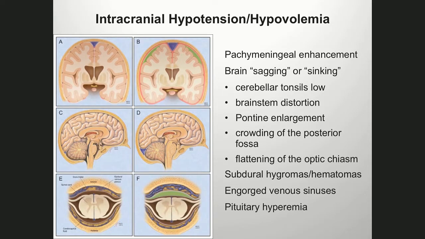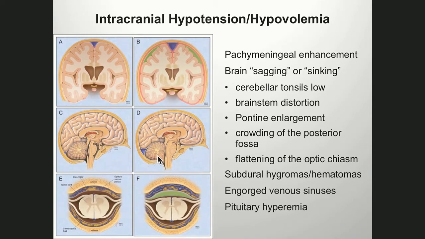So let's go to some of the findings and how they bear on the cranial MRI findings. On your left, you'll see a normal drawing, and on the right is the CSF leak or hypovolemia condition. As you can see, there's expansion of the sinus. There's development of subdural fluid. And there is enlargement of the pituitary.